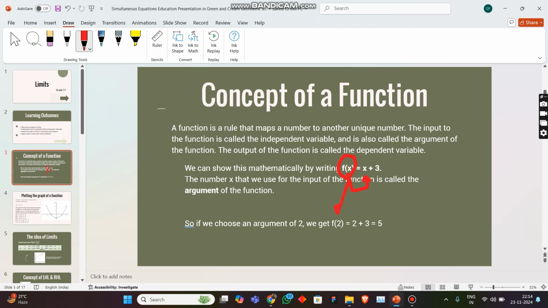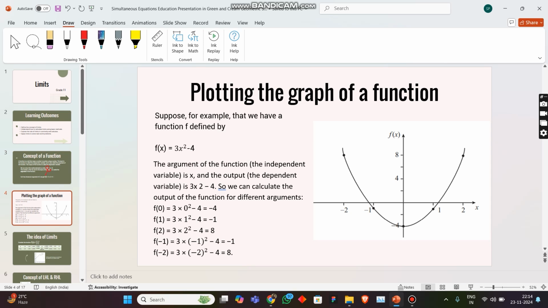Okay, so now how can we plot a graph? We have considered that the function here is f of x equals 3x square minus 4. At different points we put some values of x, like x equals 0, x equals 1, x equals 2, x equals minus 1 and also minus 2.